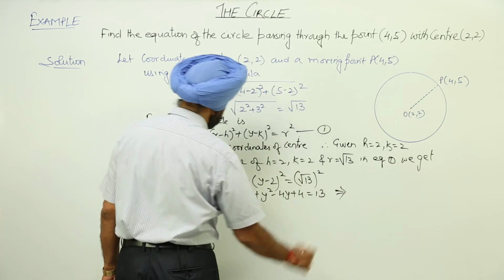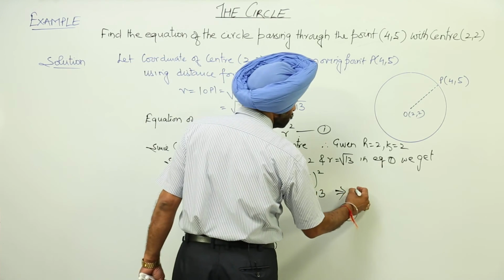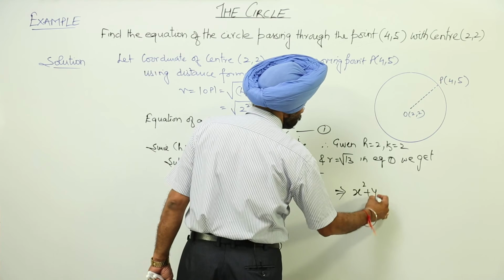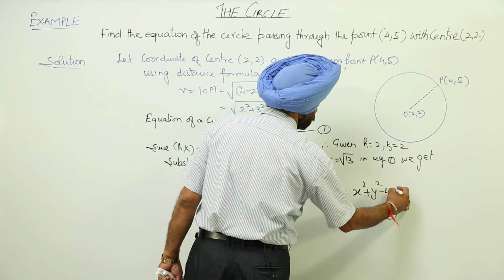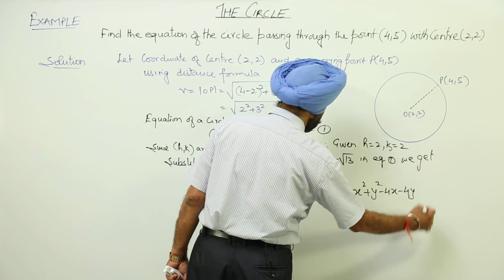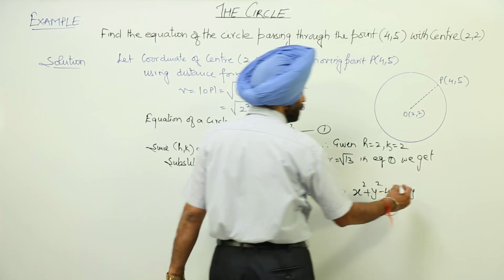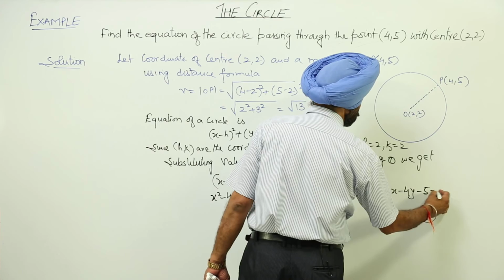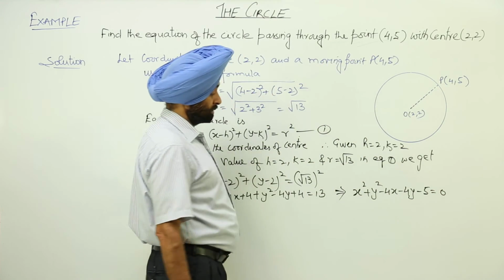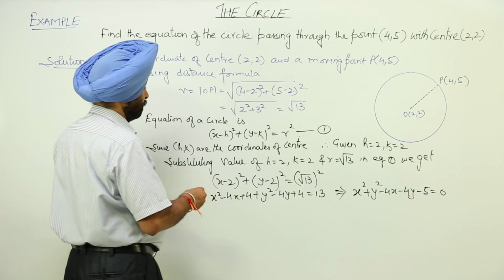Now this becomes x square plus y square minus 4x minus 4y. Now 4 and 4 is 8, 13 minus 8 is 5, equal to 0.